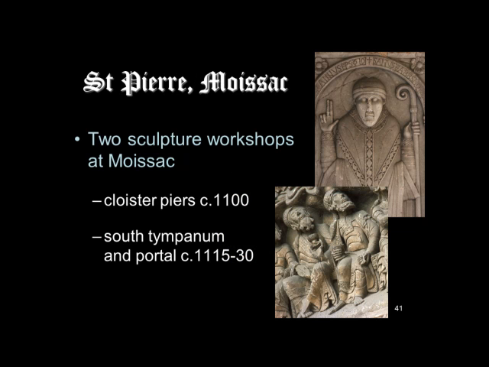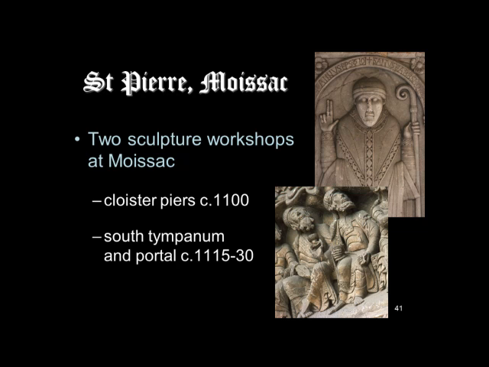Now, there's two sets of sculpture, essentially two different styles, and there are two sculptural workshops at Moissac. The earlier one, I'll show you a detail, we'll look at more of them, are the cloister piers. And these were created around 1100. And we'll take a closer look at those.